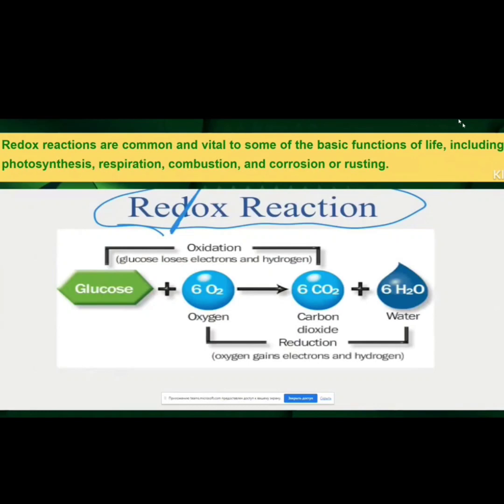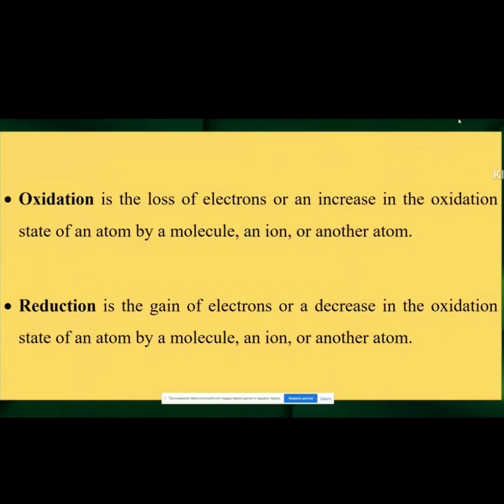Oxygen and water, they take electrons. So let's see. Glucose, we say glucose, and what? Oxidation, loses electrons and hydrogen. And CO2, they lose electrons. Okay? Glucose and CO2. Oxidation is losing electrons, reduction is gaining of electrons.